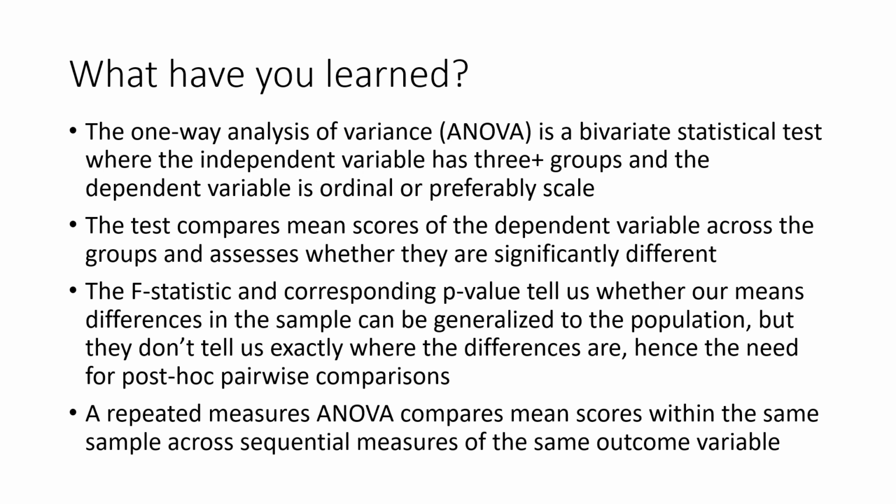In calculating an ANOVA, we calculate an F statistic and a corresponding p-value, and that p-value will tell us whether or not our mean differences generalize to the wider population.